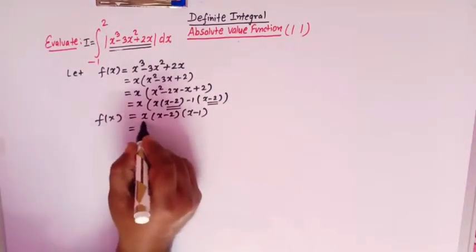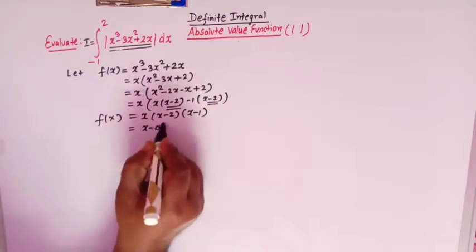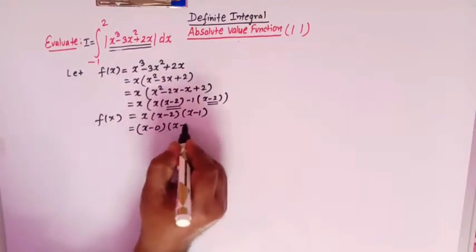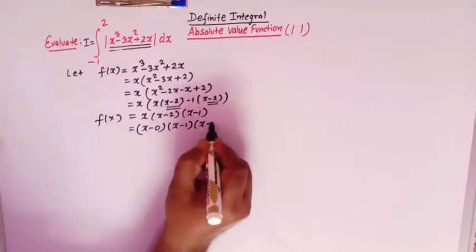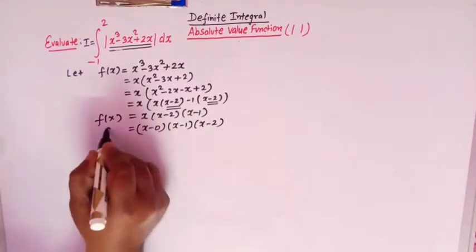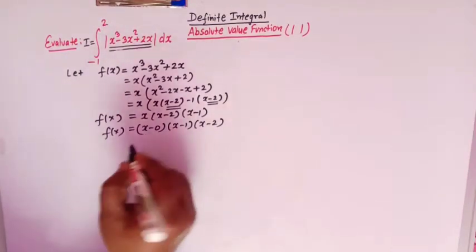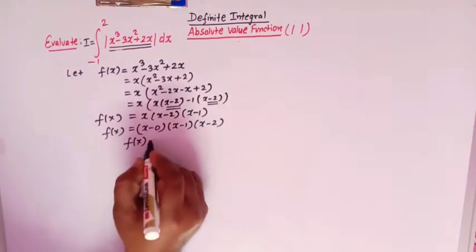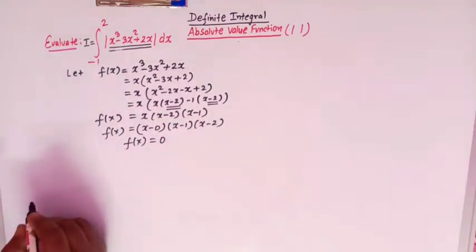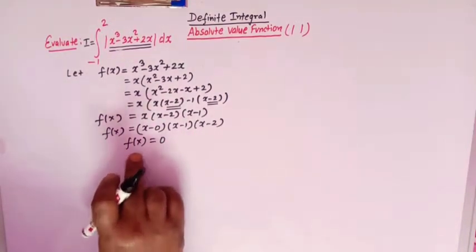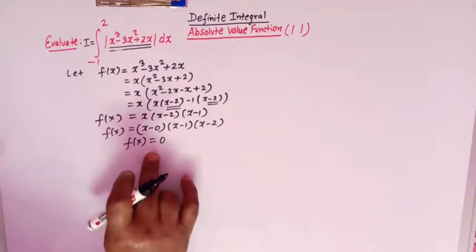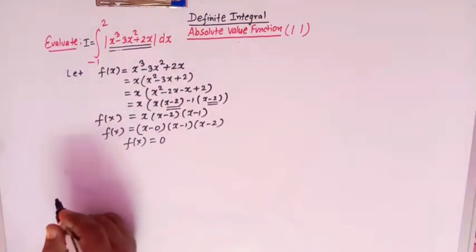We can rearrange it like this: x minus 0, x minus 1, and x minus 2. Now let us solve the equation f of x equal to 0 to find the critical points.